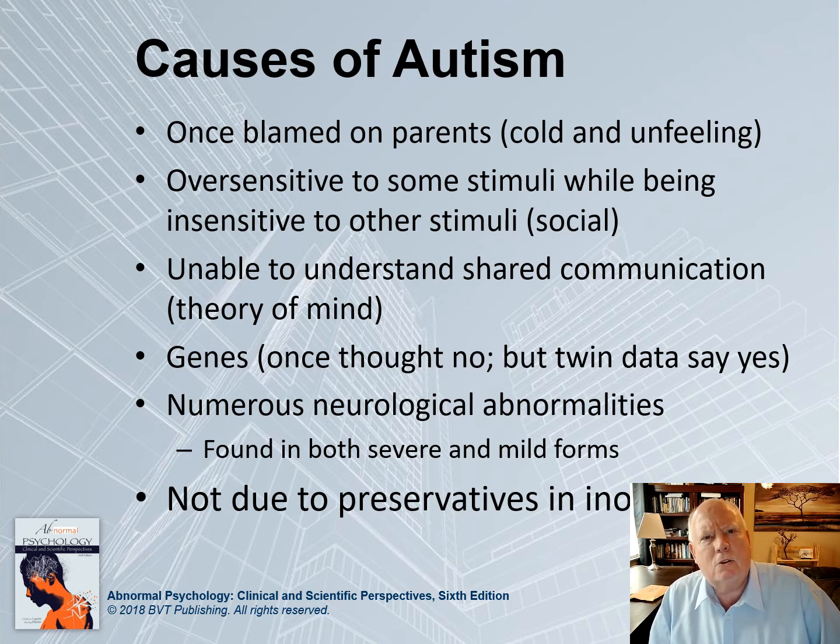How did we get it so wrong? When parents have an autistic child, it's an enormous shock to them and an enormous strain for them to manage that child. And so what they typically did is they stopped having children.